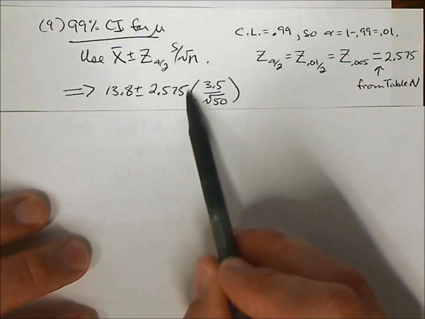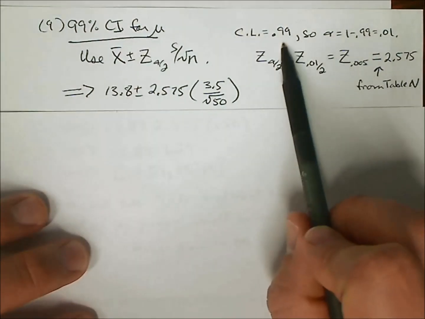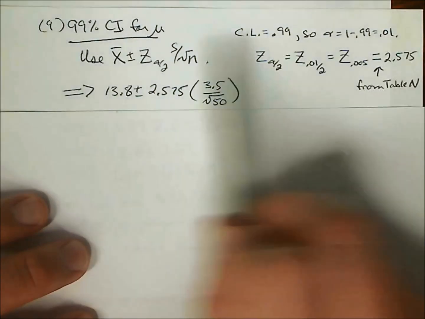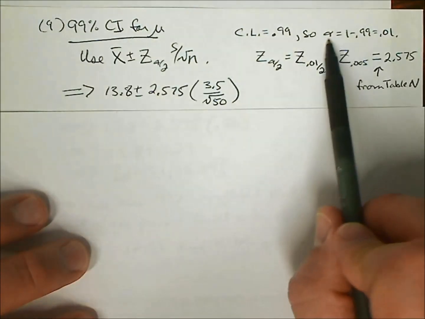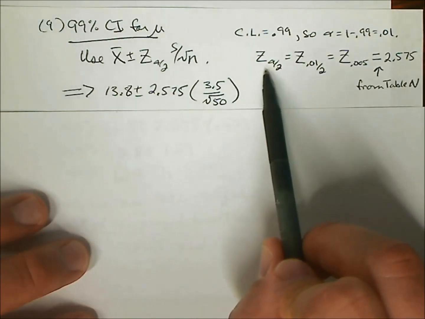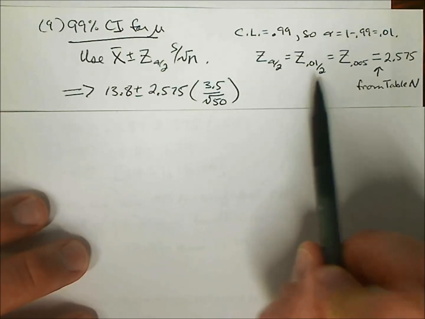And then we need the z-value. It's 2.575. Where does that come from? Well, it comes from the confidence level. The confidence level is 0.99 because we got a 99% confidence interval. So alpha is 0.01. And so z sub alpha over 2 is z sub 0.01 over 2.